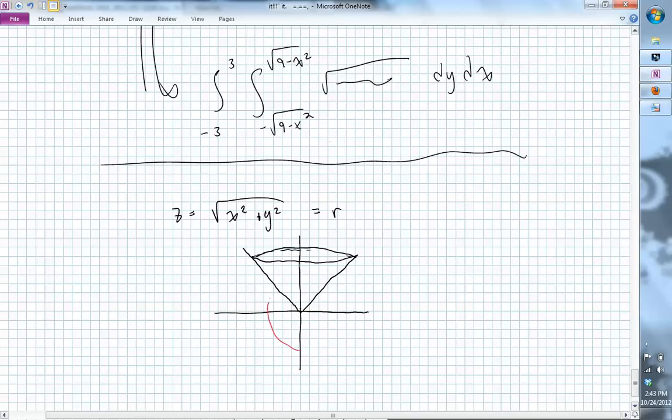And then let's sketch in a circle. And we're talking about the surface area of the piece of the sphere that's inside the cone. Does that make sense? Okay. It's that surface area.